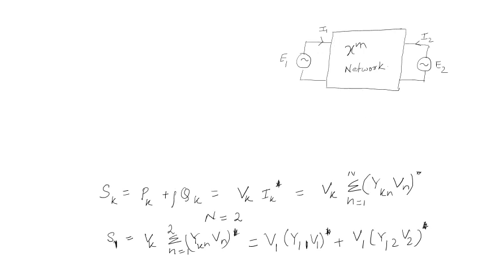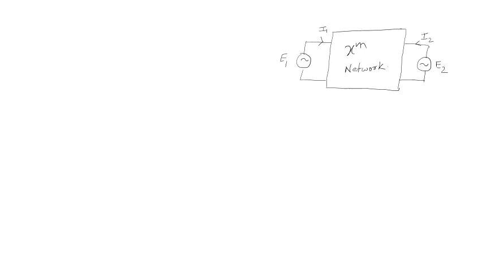Now in the next step, the equation which we were left with was S1. S1 was V1 Y11 V1 star, okay, and then V1 Y12 V2 star, right? Now here if you check bus number 1 and bus number 2, you will find voltage.